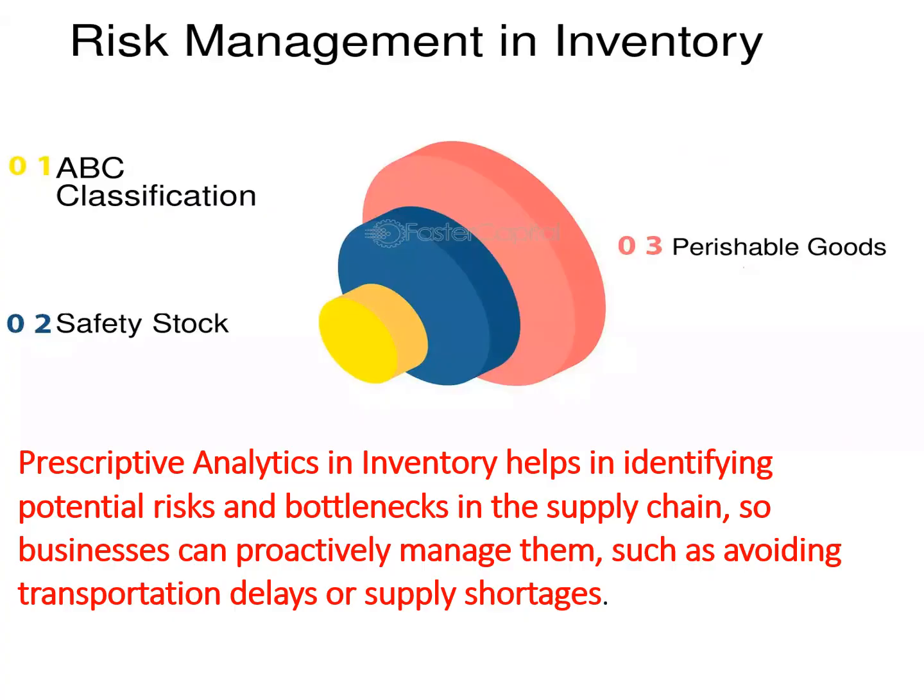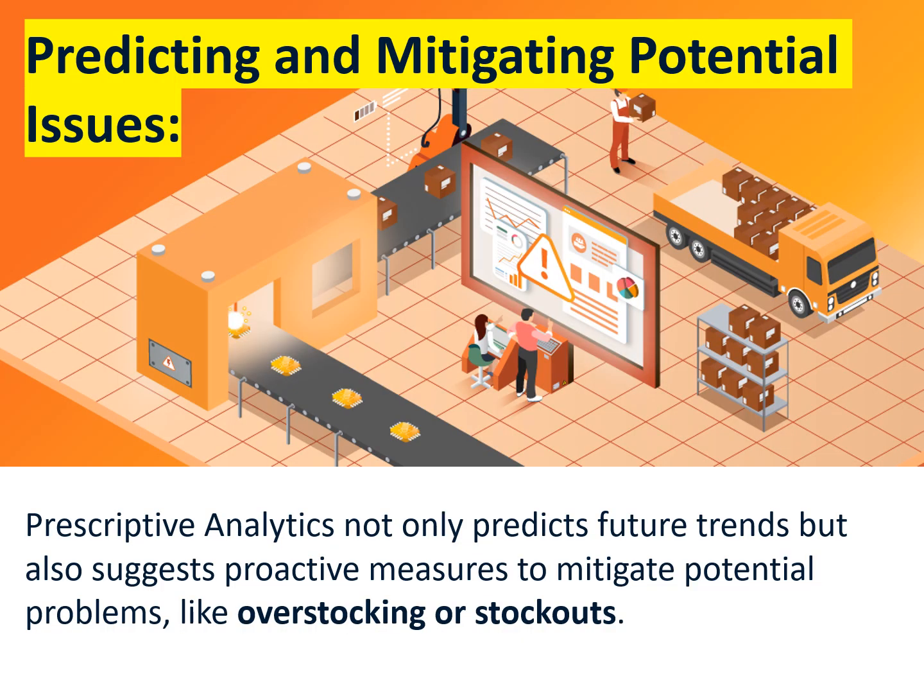Prescriptive analytics in inventory also helps in identifying potential risks and bottlenecks in supply chain so businesses can proactively manage them, such as avoiding transportation delays or supply shortages. Prescriptive analytics not only predicts future trends but also suggests proactive measures to mitigate potential problems like overstocking or stockouts.